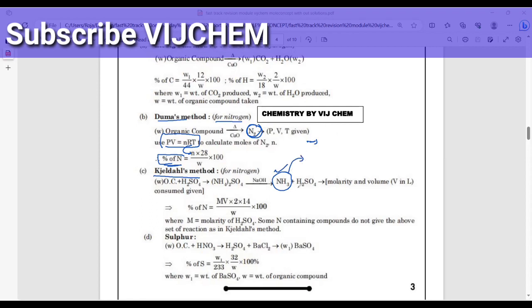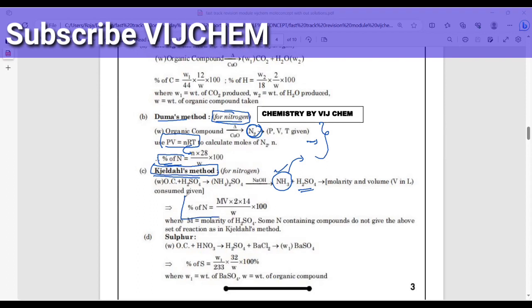But for the Kjeldahl method, the nitrogen in the given compound is converted into ammonia. How much ammonia is formed? For that we use neutralization. Remember, the Dumas method is a states of matter question where nitrogen is converted to dinitrogen. The Kjeldahl method is a neutralization question where nitrogen is converted to ammonia.